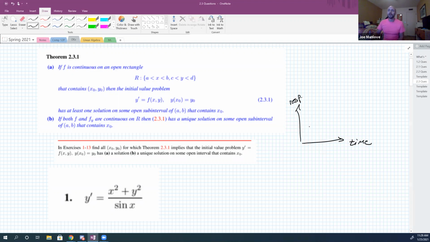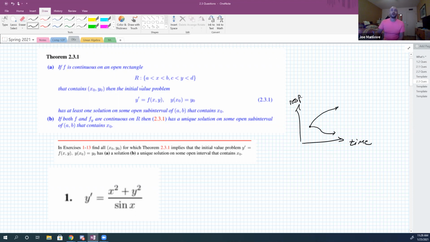My hope is that if I start here, there's one and only one way for that thing to go into the future. You guys see this? I would have real problems if there were two options for that and they did wildly different things. You guys kind of with me on that?